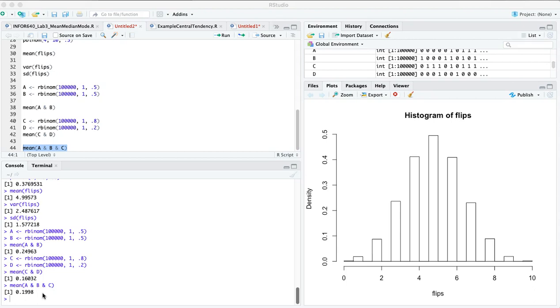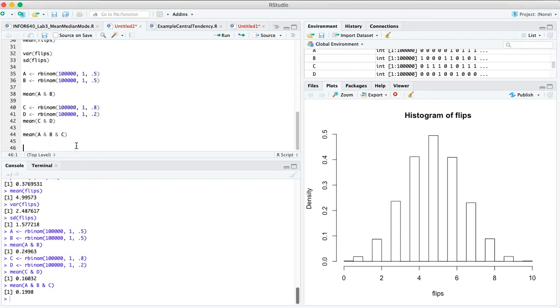A or B is a little bit more complicated. So we'll use our same A or B, but as you remember from our lecture, A or B is a slightly more complicated function, but again, R makes this super simple. So we can type the mean of A. We use a pipe for OR.